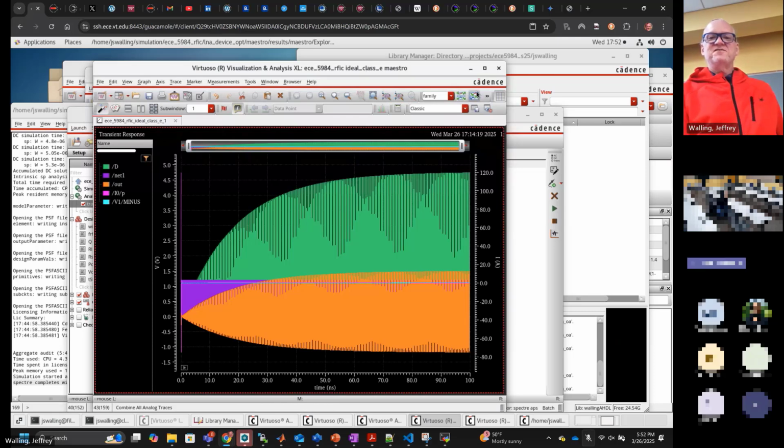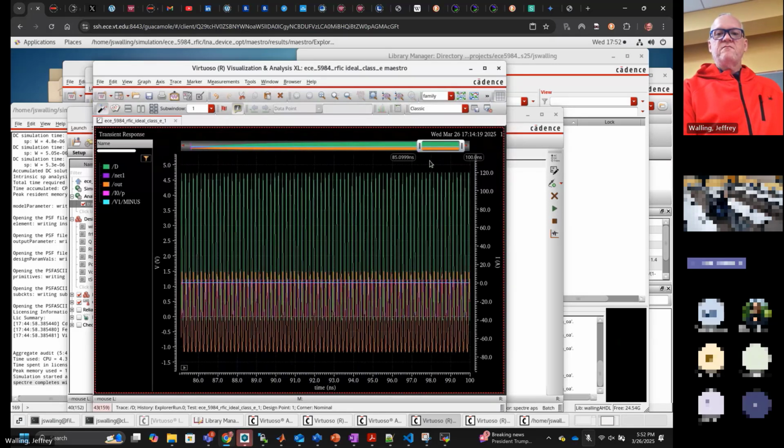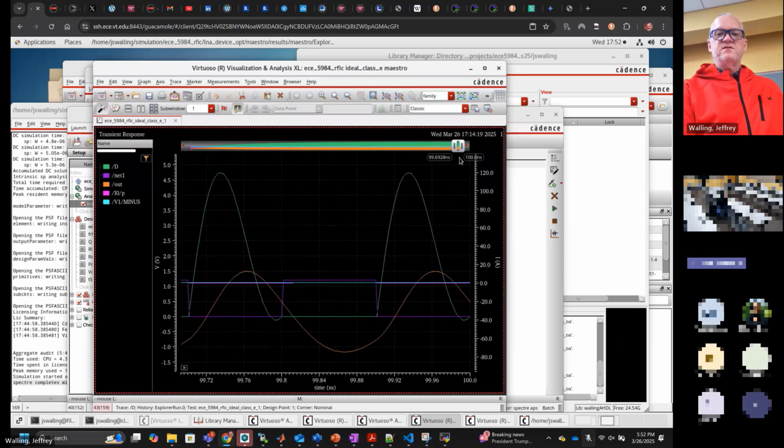The amplitude of the wave is still changing out here. So need to go even longer. But I think we'll be able to look at the waveform and say, does this look like a class E waveform?